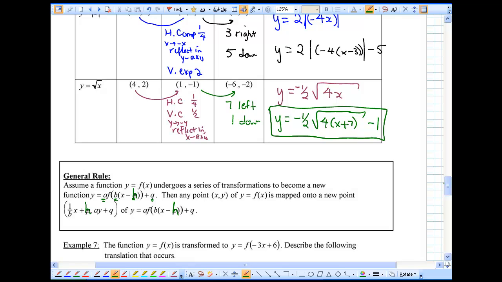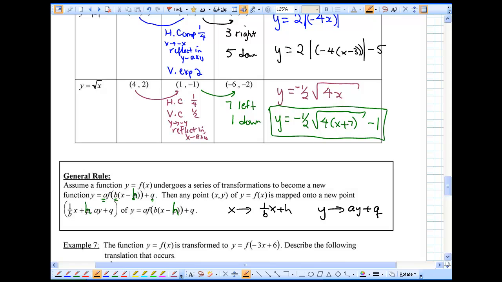And then the a is the vertical expansion or compression of the y, and then the q is the translation up and down, so that's why they affect the y. So ultimately, your x becomes 1 over b x plus h, and your y value becomes a y plus q. That's what it's saying. Okay?